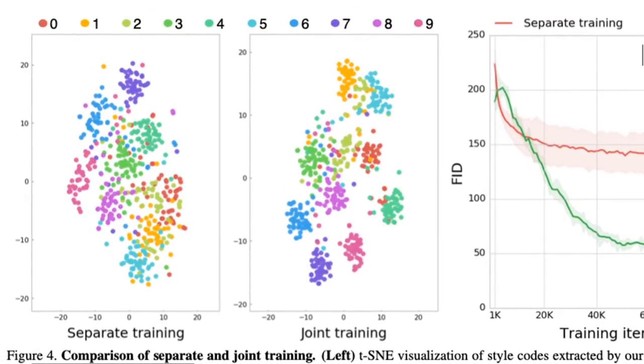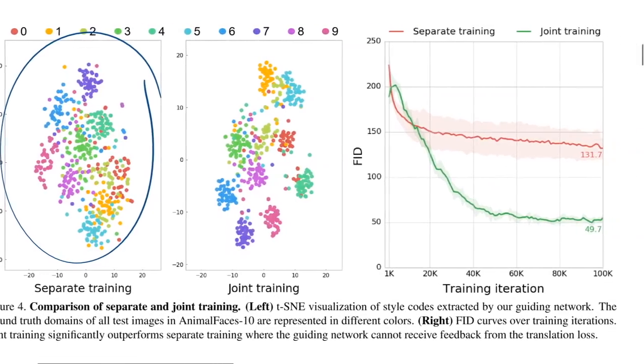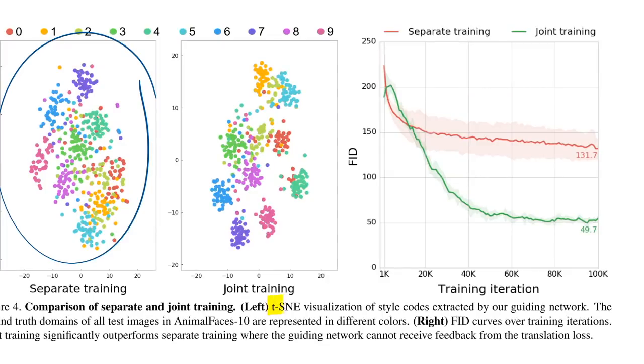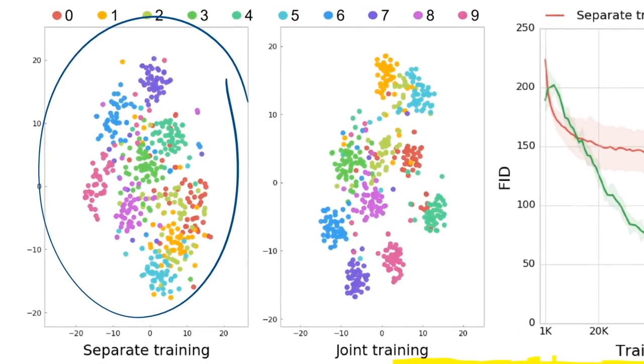So on the left, you have whenever you train the guiding network by itself, and what you're seeing here is the t-SNE visualization. t-SNE is a nonlinear visualization tool of style codes extracted by our guiding network. The ground truth domains of all test images is represented in different colors. So this is a data set that has labels, but you don't provide the labels to this algorithm. The algorithm is completely unlabeled, but for purposes of investigating, we'll visualize the labels with colors.